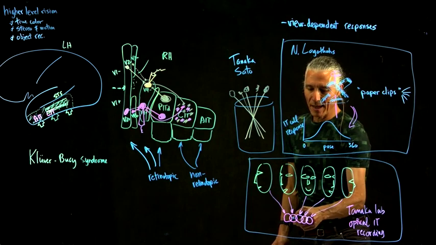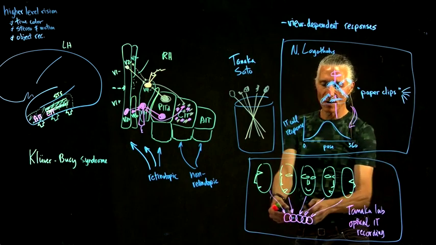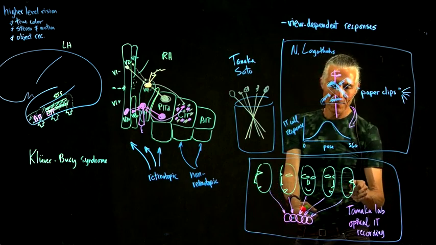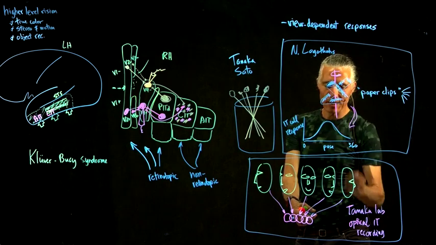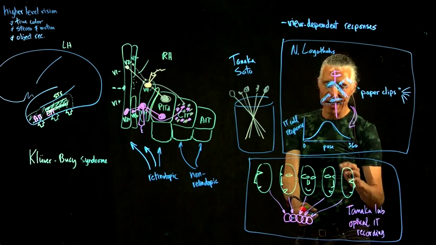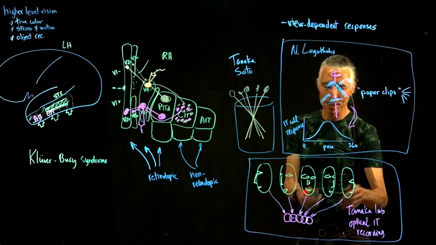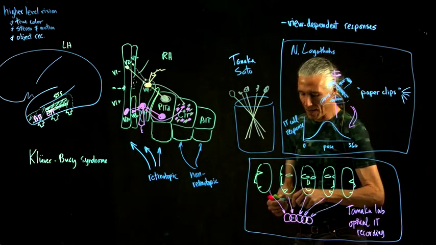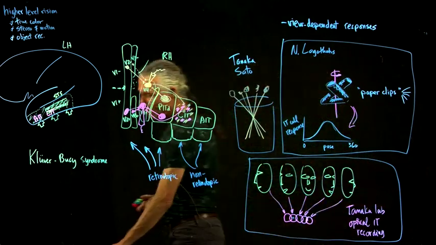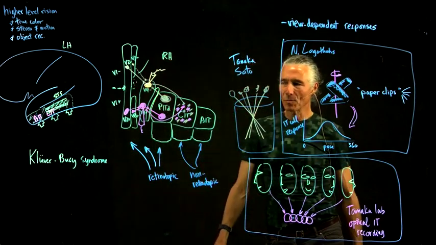As you rotated the head, you would get a nice sort of cosine type tuning curve, and as you started to get to a pose of the object that the cell didn't like, because it didn't match the approximate two-dimensional shape of the object, then the response fell off. They tried a couple other objects, and they didn't seem to work.